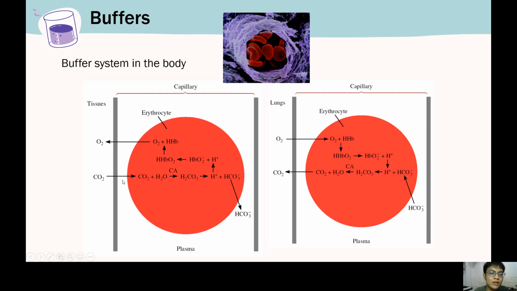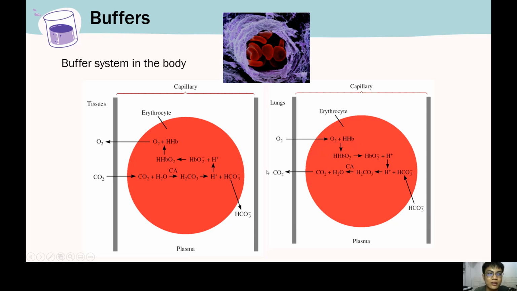However, if we increase the CO2 in our system, let's say we don't breathe, what will happen? The bicarbonate will get released into the blood, and when it gets released, hmm, am I doing it correctly? Anyway, when we don't breathe, our blood becomes acidic, because there will be formation of carbonic acid.